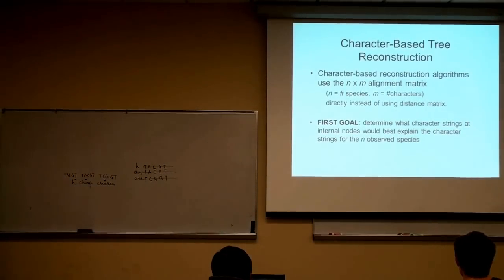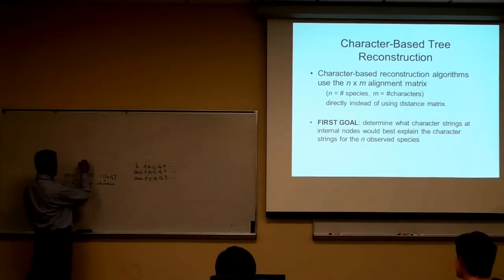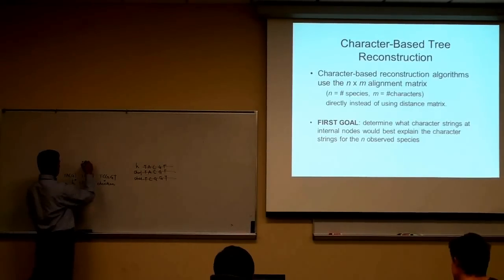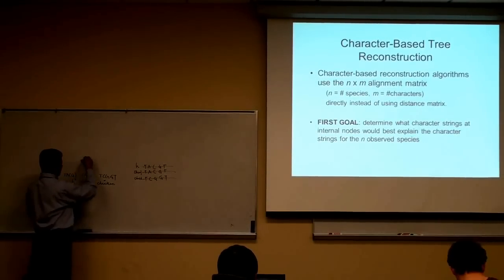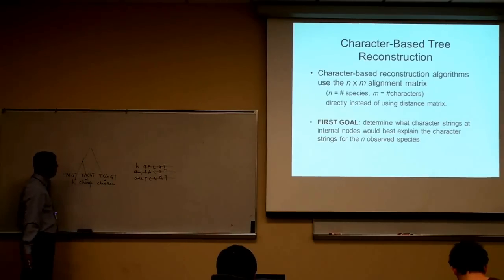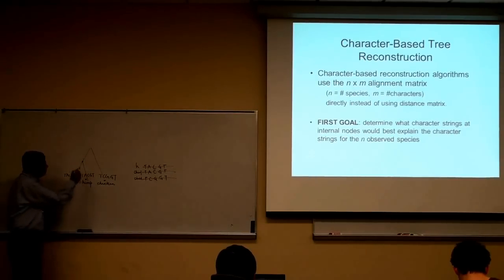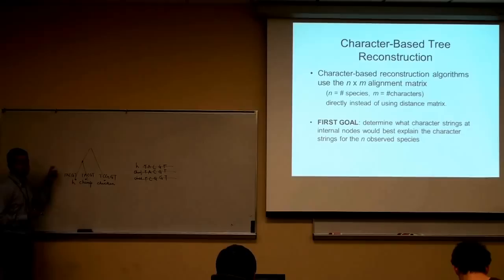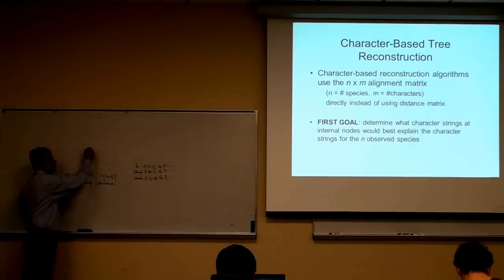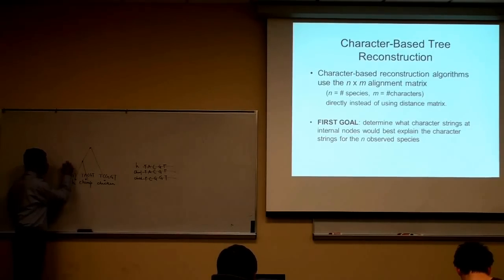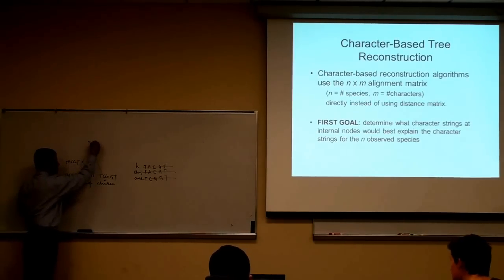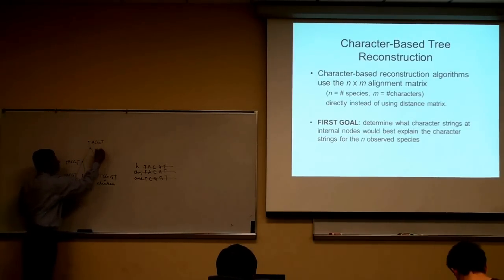And then your goal is to build a tree, which maybe would look like that, with sequence labels for the internal nodes as well now. So it could be TACGT at this, and TACGT here as well.